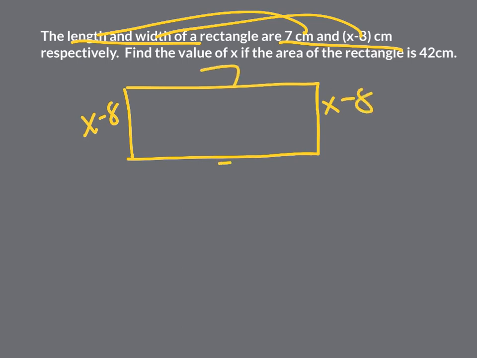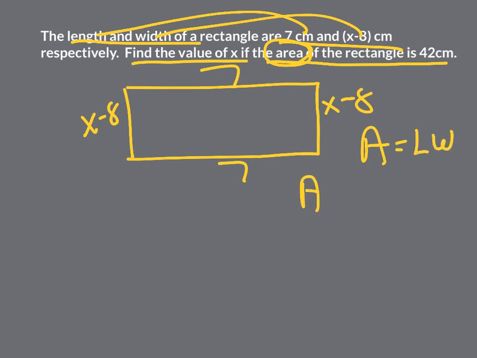It says find the value of x if the area is 42. They didn't say perimeter, they said area. And remember, area is length times width. So my area is 42.